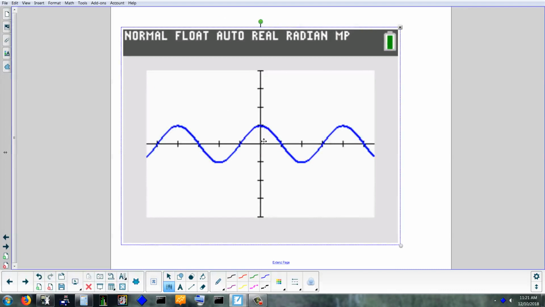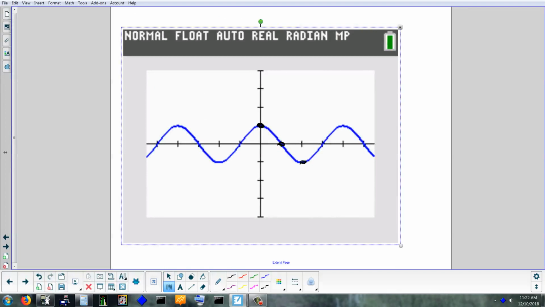So when we were at 0, we're at 1. That was the first one. The next one is when we're at the first tick mark, which is pi over 2: 0. So pi over 2, 0. And then pi is the third one. What are we at when we're at pi? -1, there we go.